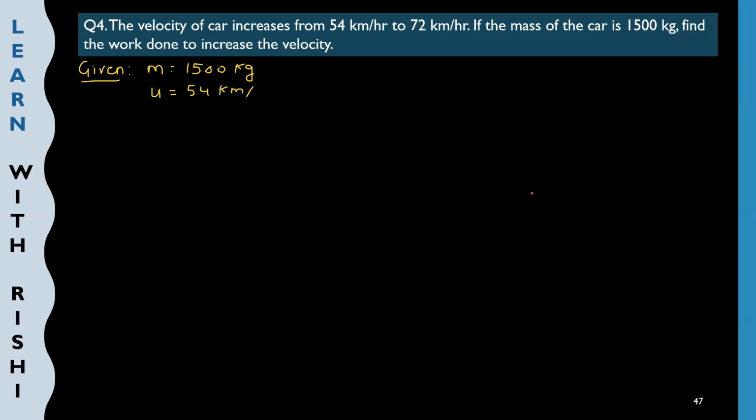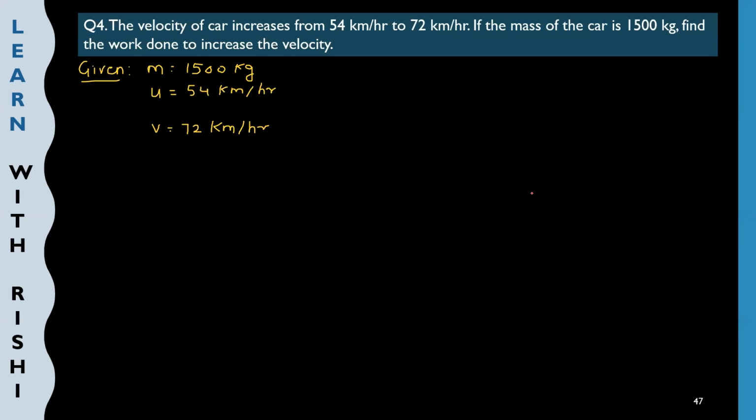Now again, kilometer per hour is not a SI unit. Meter per second is our SI unit. So we need to convert this kilometer per hour into meter per second. And final velocity is given 72 kilometer per hour. Now what is the conversion factor for converting kilometer per hour into meter per second? Here we have to convert both the units, kilometer to meter, hour into seconds.